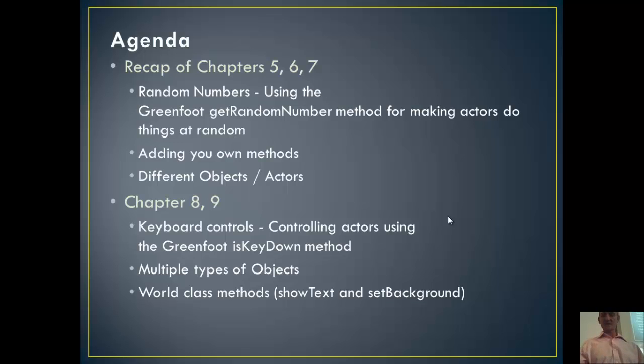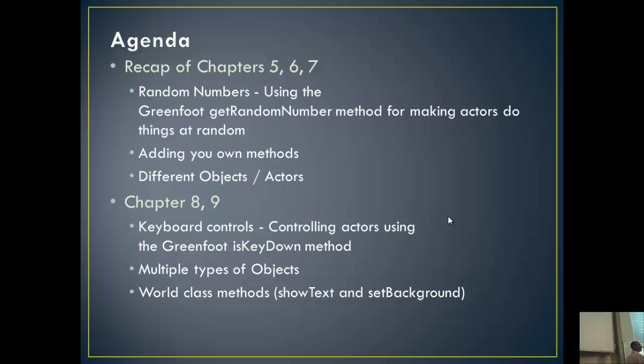With get random numbers, we've used the get random number method for getting things to behave randomly. In conjunction with that, you use it with the if statement, and I'll show that all in the demonstration app. The idea of get random is also to make things happen randomly, but in terms of percentage.